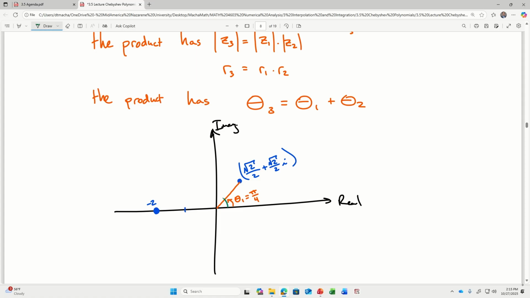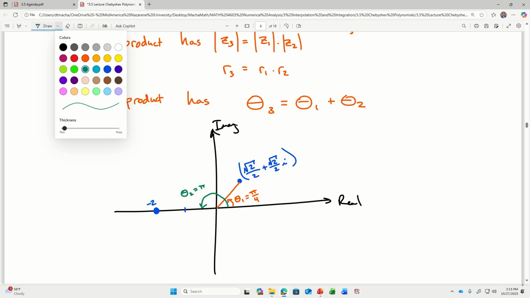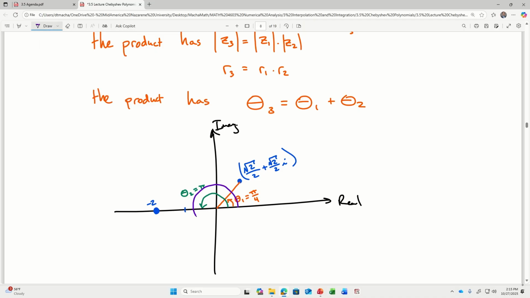This is theta 2. And so whenever I multiply them, the product is going to have an angle of 5 pi over 4.